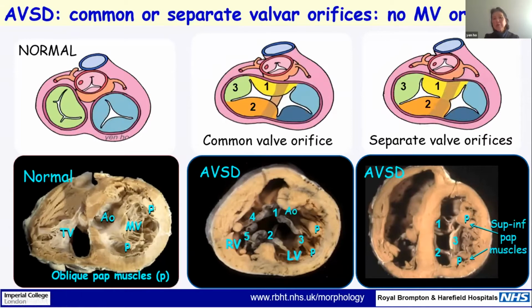You will see that we have 5 leaflets looking up from the apex, and we have more or less superior-inferior alignment of the papillary muscles supporting that left-sided atrioventricular valve. That means that on the left ventricular side, you would tend to find a 3 leaflet configuration instead of the mitral kind of configuration.